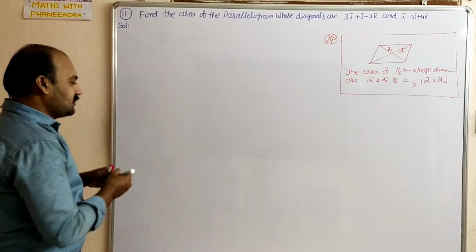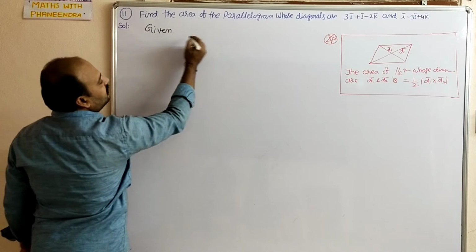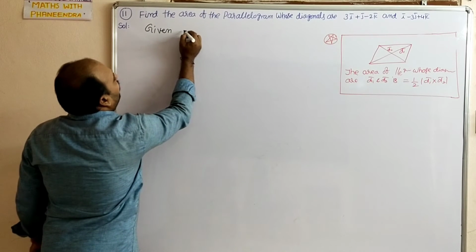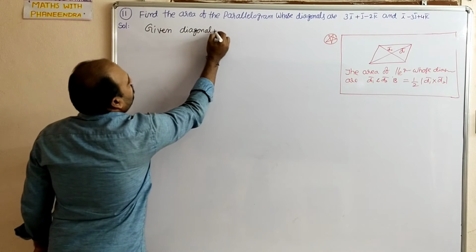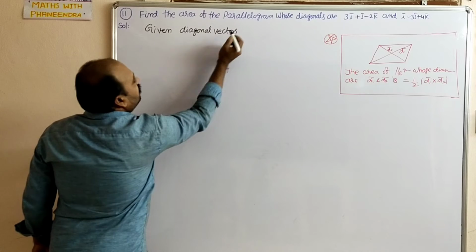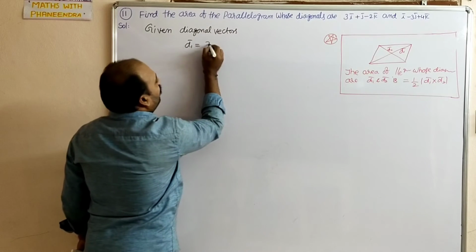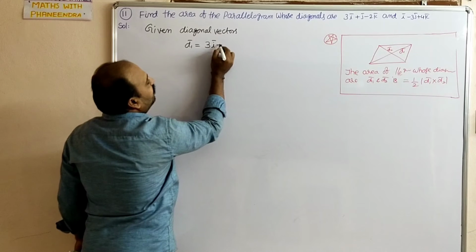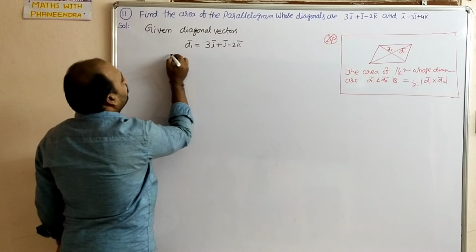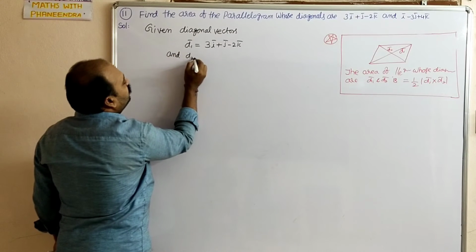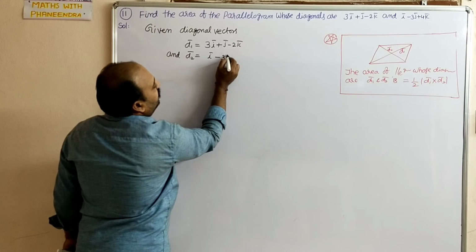See here, first given diagonal vectors. So first one is D1 bar equal to 3i plus j minus 2k and D2 bar equal to i minus 3j plus 4k.